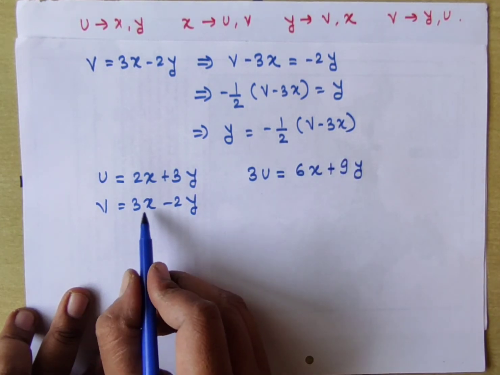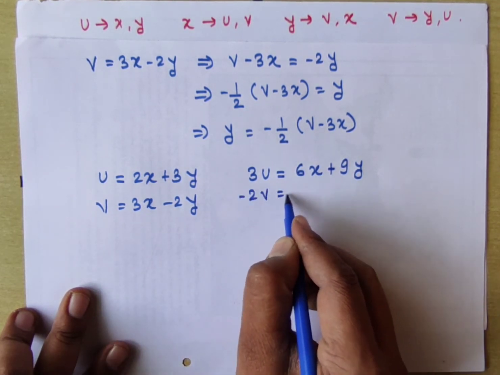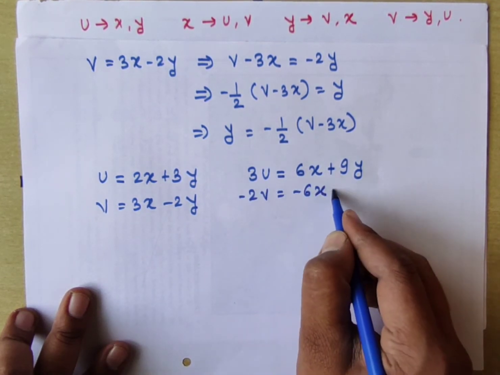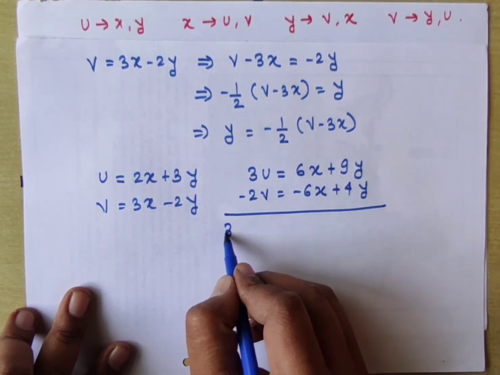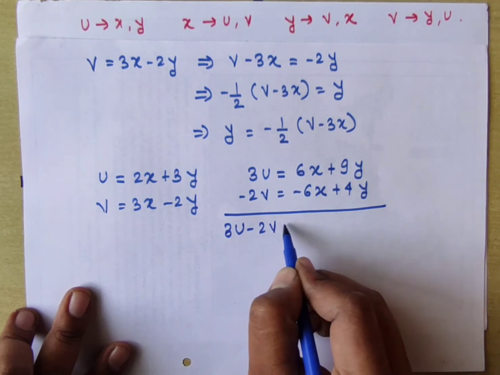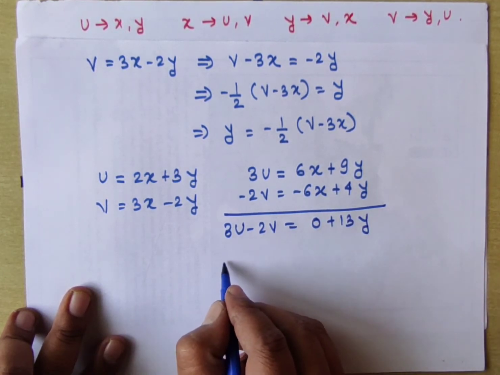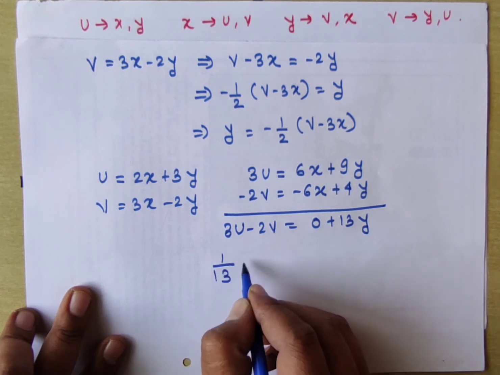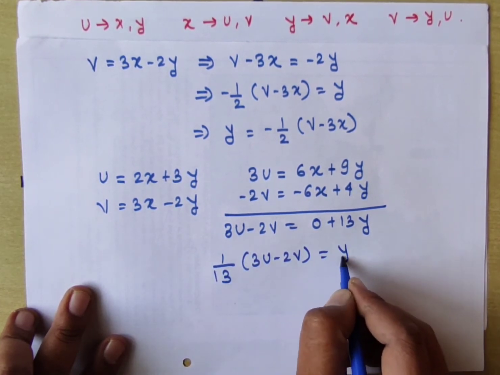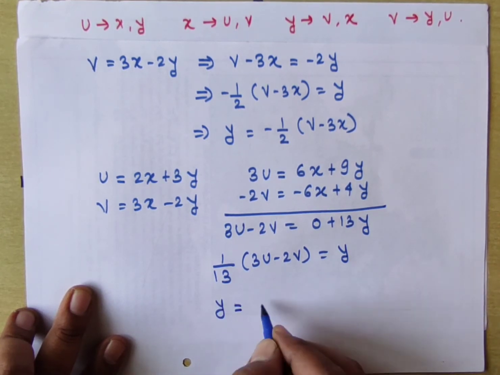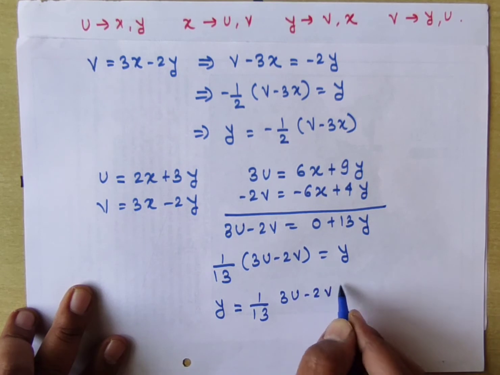And we multiply the second by minus 2, so minus 2v is equal to minus 6x plus 4y. So we get 3u minus 2v is equal to 0 plus 13y. Therefore we get 1 upon 13 (3u minus 2v) is equal to y.